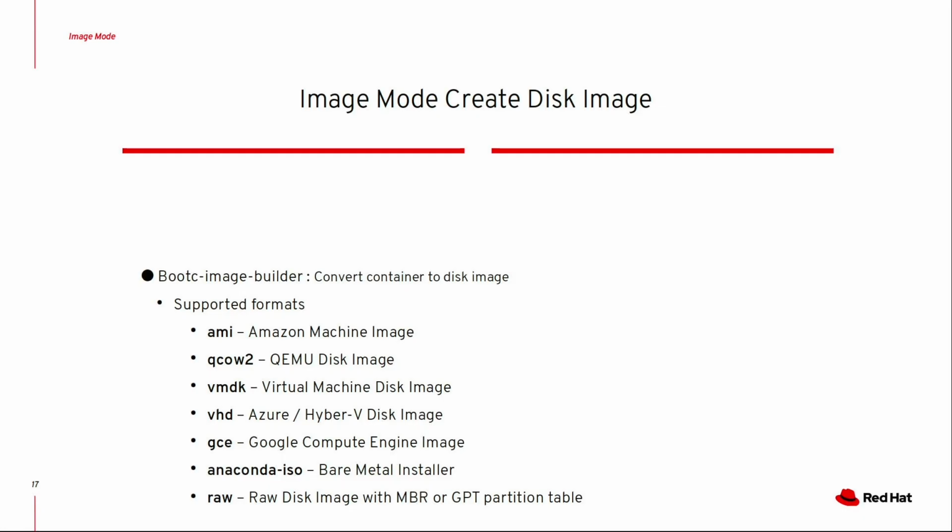So in my lab, I use KVM. KVM uses QCOW2 as the file format. And so again, here's the example of the supported formats: AMI, QCOW2, VMDKs, VHDs, Google, Anaconda ISO, as well as RAW. So you have a number of options to generate depending on where you want this image mode to be deployed to.